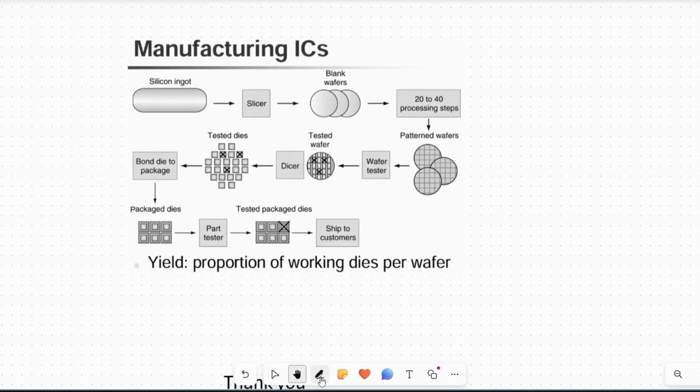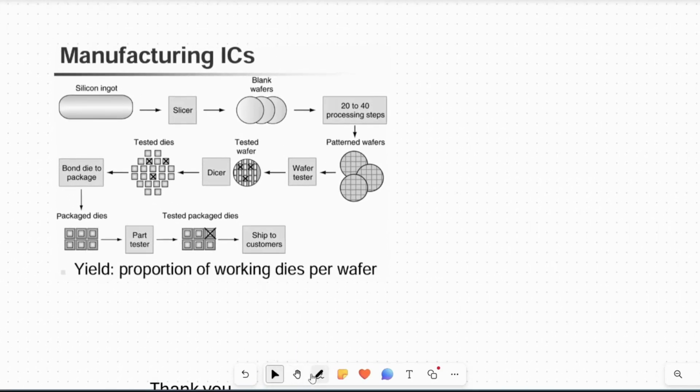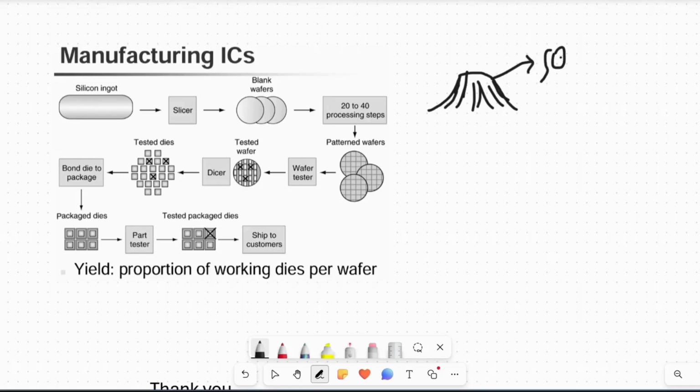Manufacture of IC. So this is very important. If we simply talk about how to manufacture an IC, it basically uses sand. Let's say we go to the Sahara desert, and this is sand, which is silicon dioxide, SiO2, and we need silicon for manufacturing.